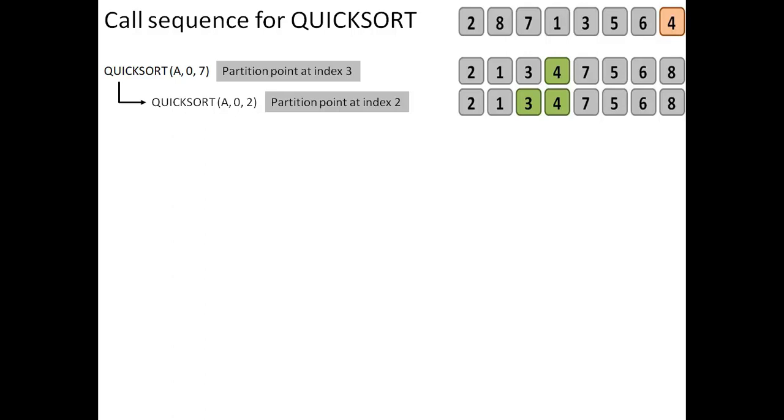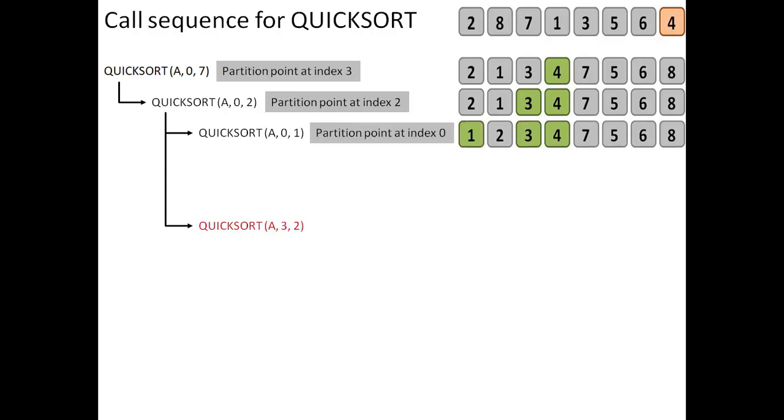This will make two calls to the quicksort algorithm, one with indices 0, 1 and the other with indices 3, 2. For 3, 2, we have 3 greater than 2, so no execution will take place because the initial index should be less than the end index. And the execution for 0, 1 will take the element 1 as pivot and return the index 0 as the partition point.